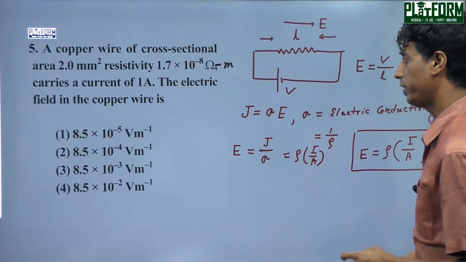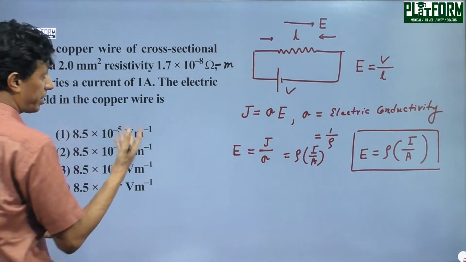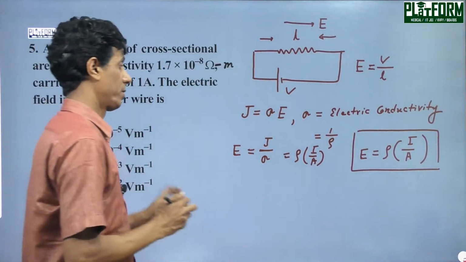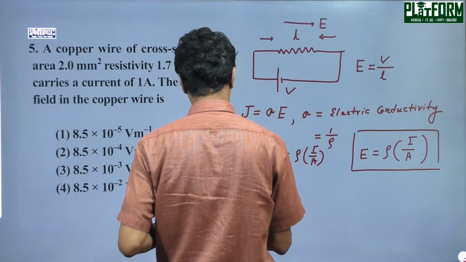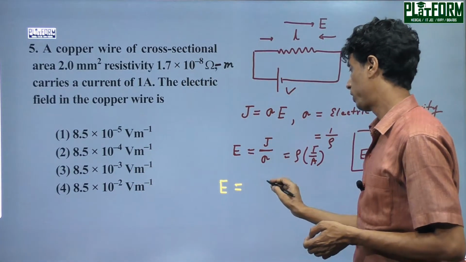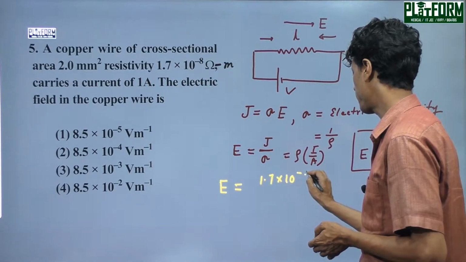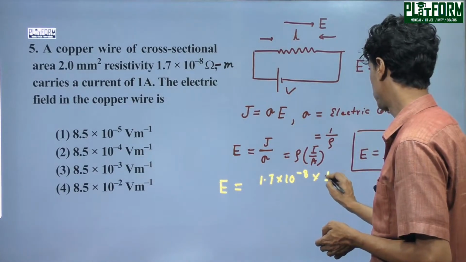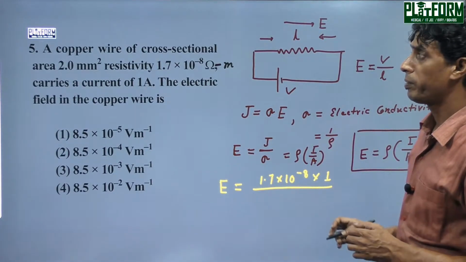Cross-sectional area is given. Current through the conductor is 1 ampere, also given, and resistivity is given as 1.7 into 10 to the minus 8 ohm meter. So in this simple calculation, E equal to rho, 1.7 into 10 to the power minus 8, and current in the circuit is 1 ampere, and cross-sectional area 2 mm square.